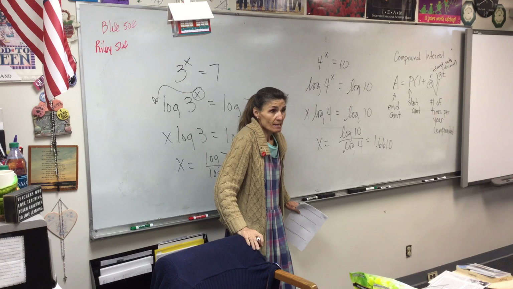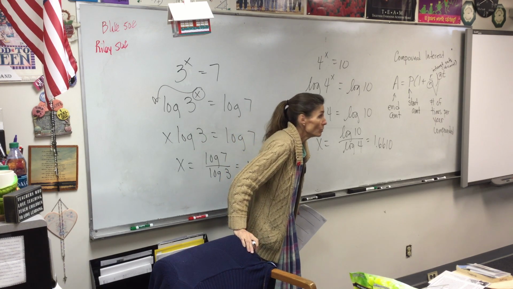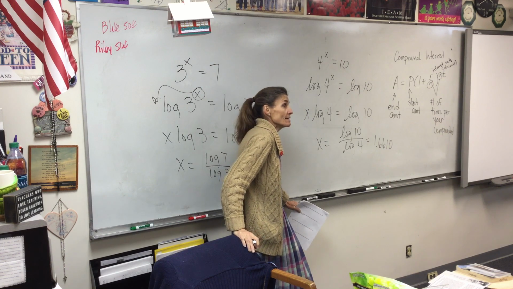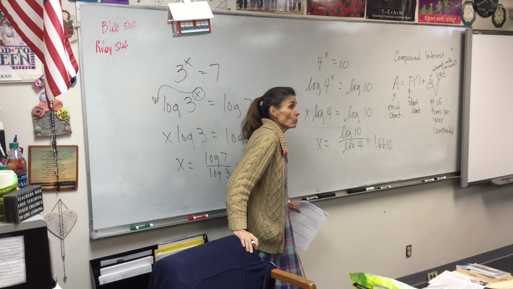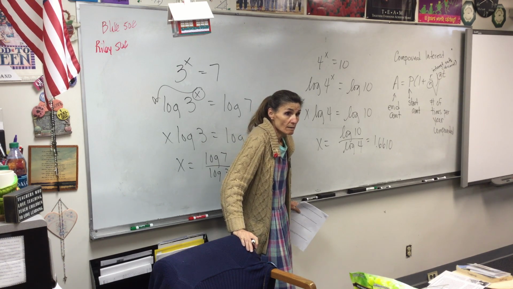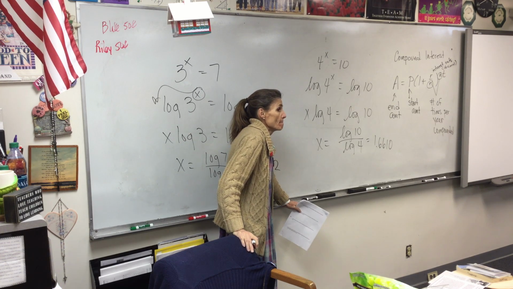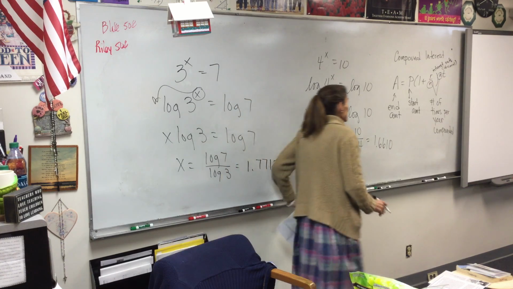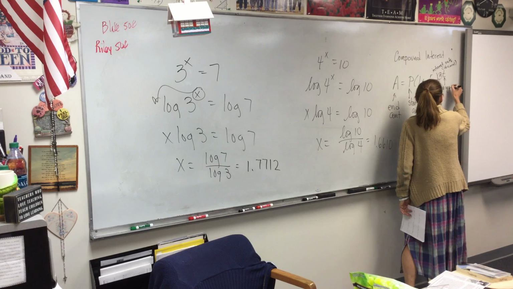So if that's the case, then your N would be 12. Now some of you may have accounts that are compounded quarterly. So your N would be 4. And then T stands for the number of years.